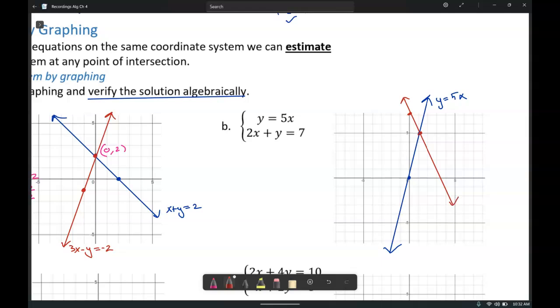And so we see this common intersection point at 1, 5. So that's our estimate. So let's check our estimate. All right, since both of those work, that means 1, 5 is indeed our solution.